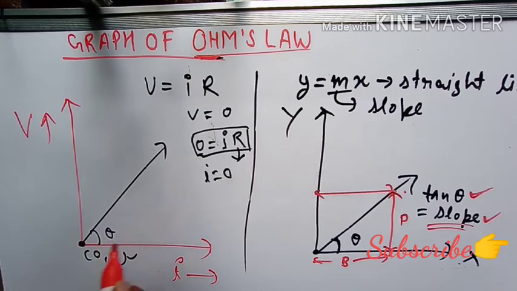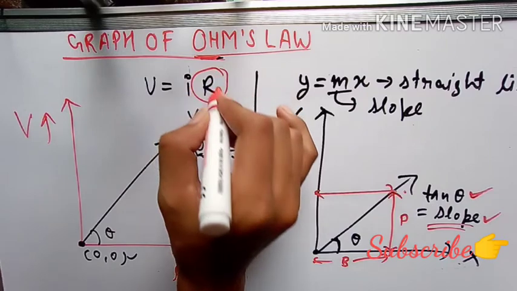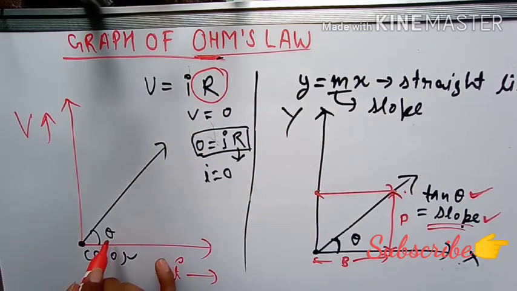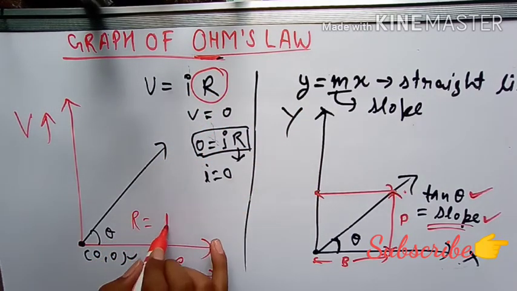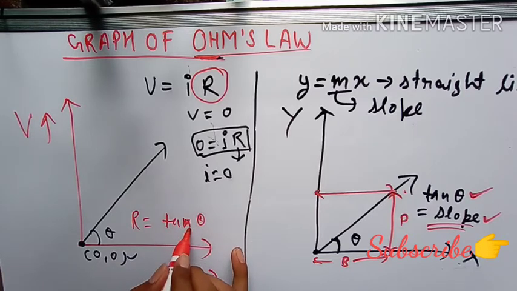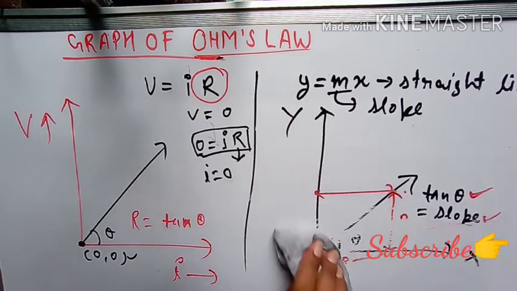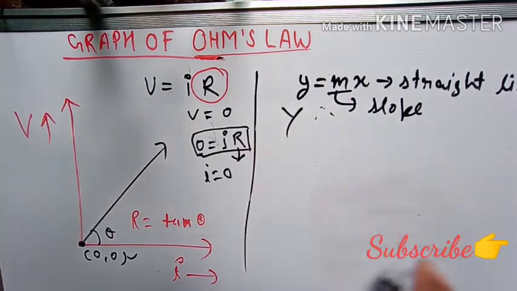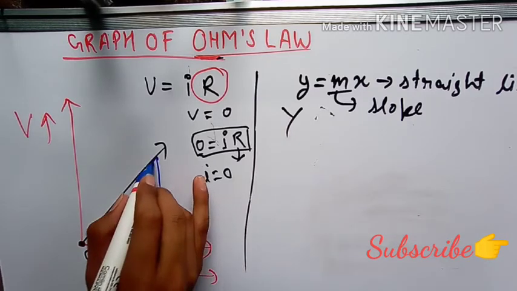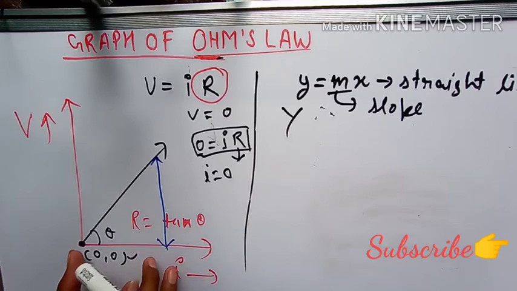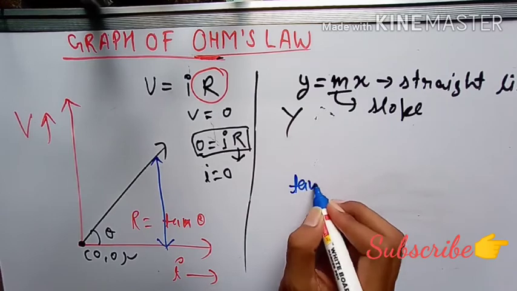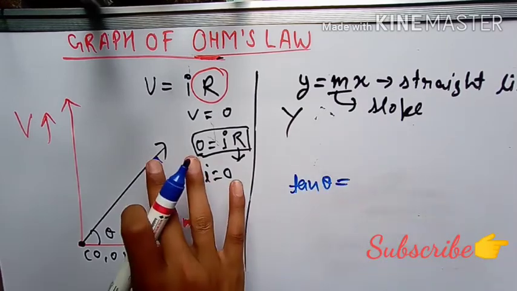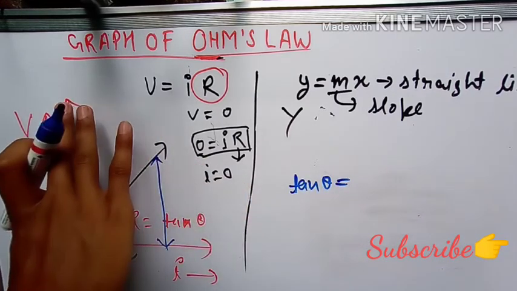Let us see the value of r. We are saying that r is equal to tan theta. Is it true or not? So for finding this value, simply we can write the perpendicular and the base. Perpendicular upon base. Tan theta is equal to, instead of perpendicular, you can look here.